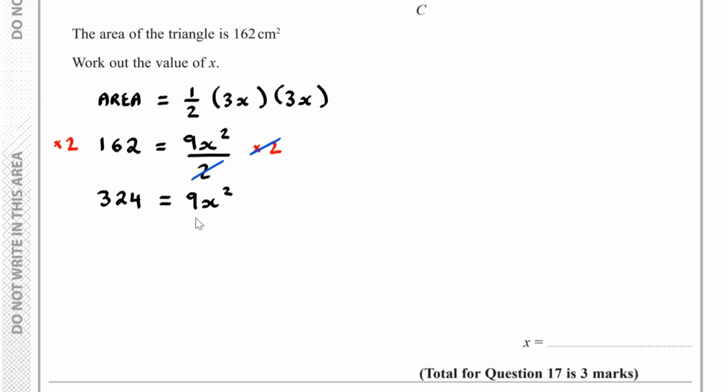And then if I divide both sides by 9, 324 divided by 9 is 36. So 36 is equal to x squared, and therefore x is equal to 6.